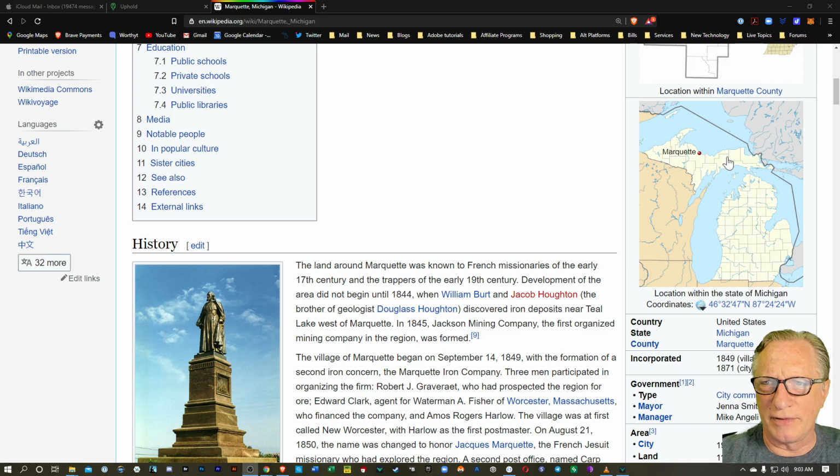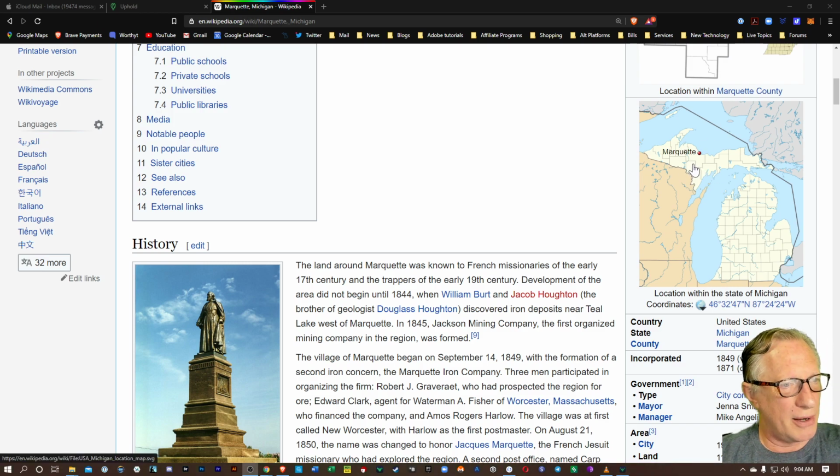People that live in the UP or the Upper Peninsula of Michigan are very proud of their section, right? It should be its own state, actually. It sits at the tip of Wisconsin, but it is directly across from the Lower Peninsula of Michigan. And by some treaty, it ended up being part of Michigan. It's kind of weird. But it's almost like its own state. It's almost like its own country.